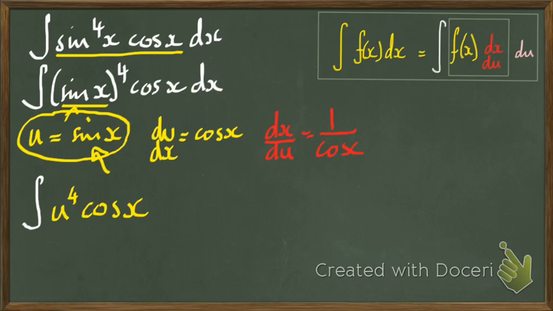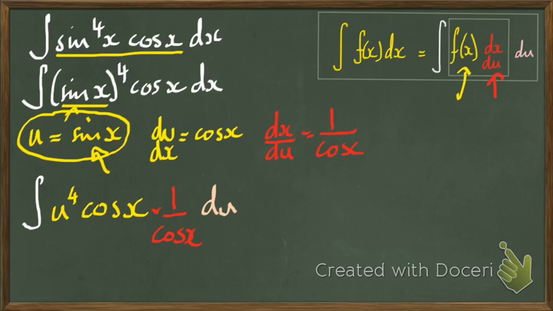Now I'm going to go for the dx du, which is this bit here. So that's times 1 over cos x, and that's beginning to look good already, isn't it? So I've achieved it.